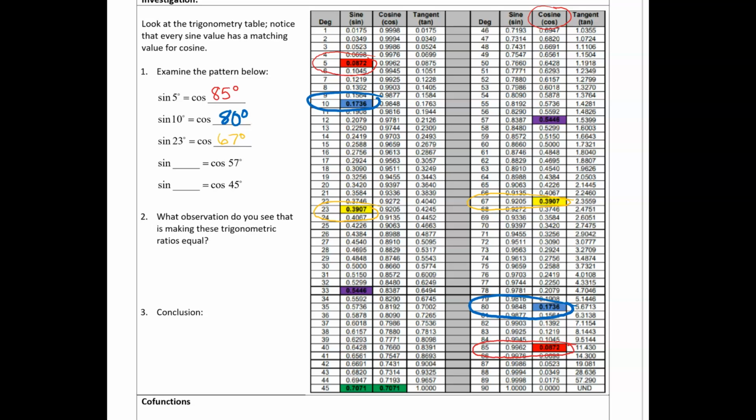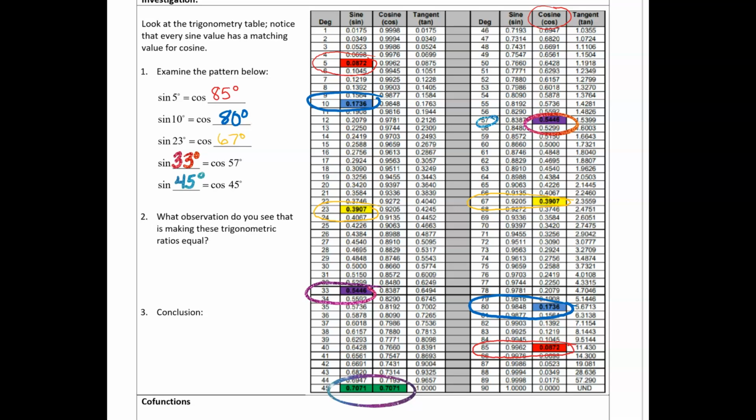So if I go over here to 57, I see this purple right here. And then if I look over here, cosine 57 matches sine 33 degrees. And the last one here is two identical trig ratios, the 0.7071, and that is 45 degrees. Sine 45 is the same thing as cosine 45 degrees.